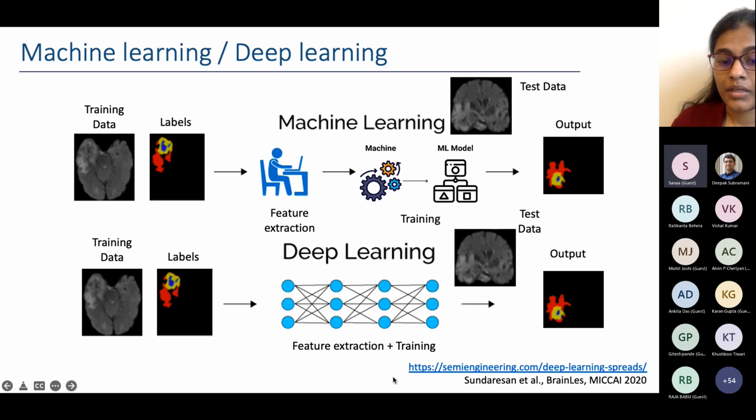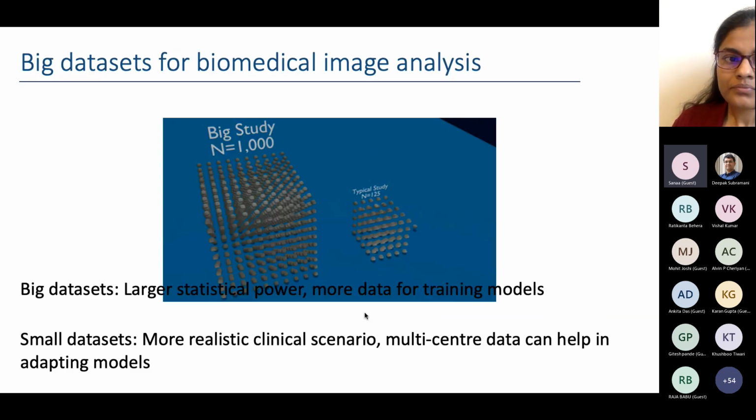We are talking about the order of millions for a deep learning model. So we need high performance computational systems or resources to run these deep learning models. With the advent of graphical processing units and other high performance clusters, it has been possible to apply deep learning models, especially in medical image analysis. And in our lab, we'll be using mostly deep learning models for analyzing medical images.